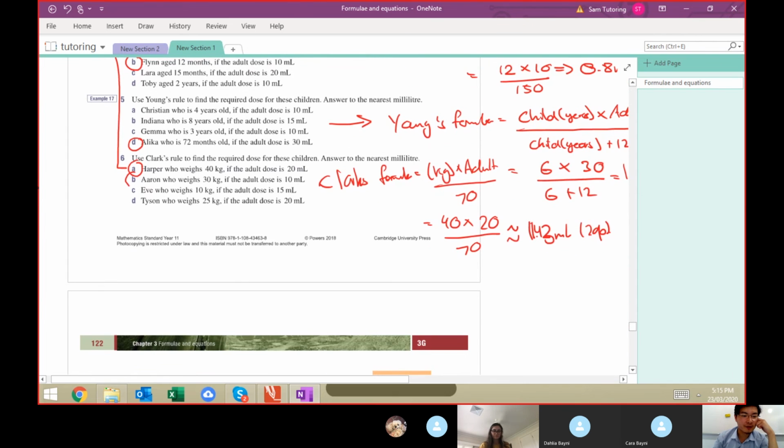Let's do Young's formula down here. Okay, Young's formula. Let's just say this is child. So the child is 7 years old, and he or she requires, let's just say, 15 mils of the medicine. Find adult. Well, how would you do the algebra?